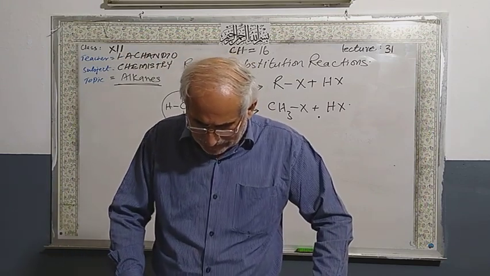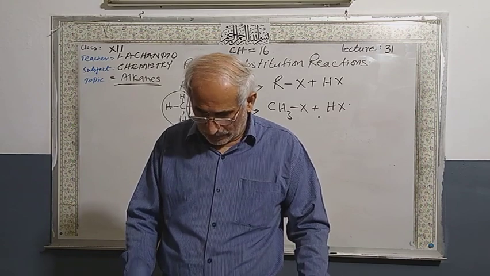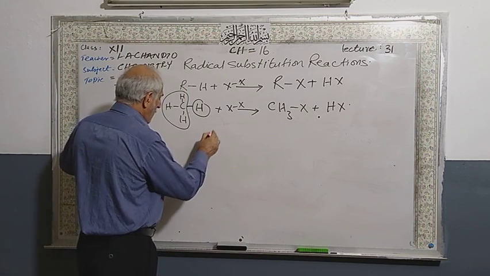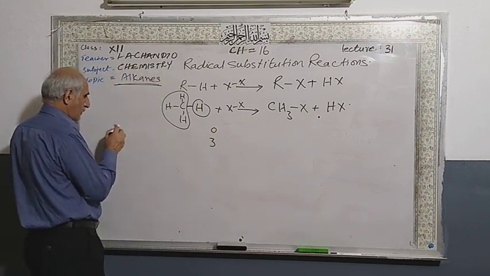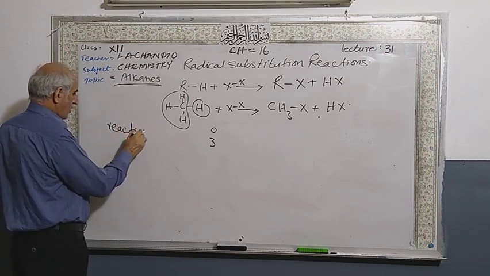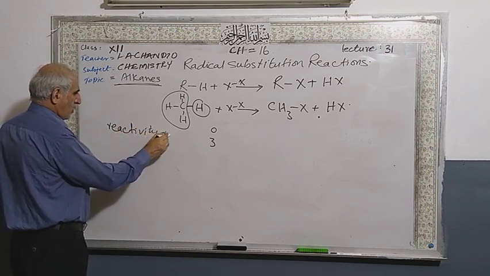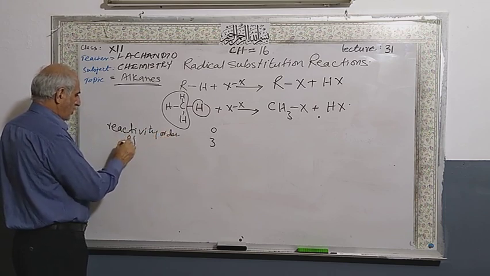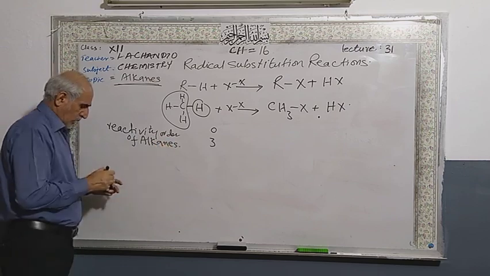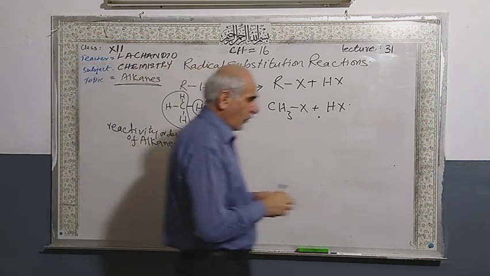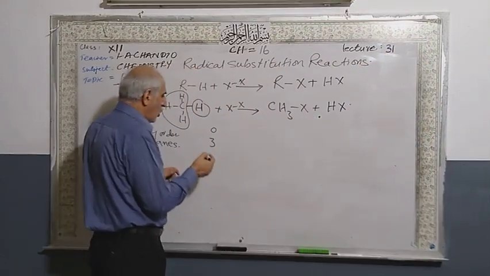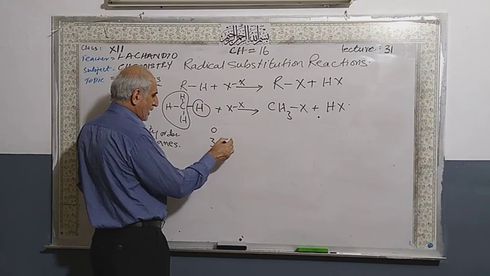Now, the reactivity order of alkanes. Third degree alkane is more reactive than second degree.